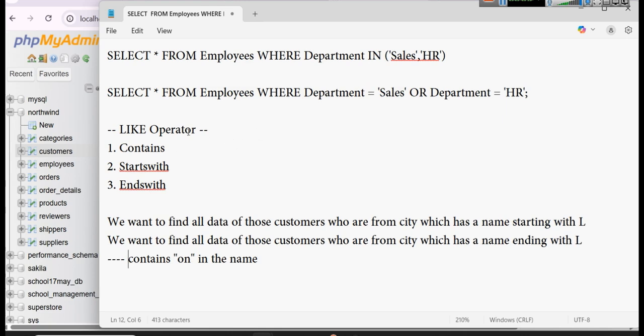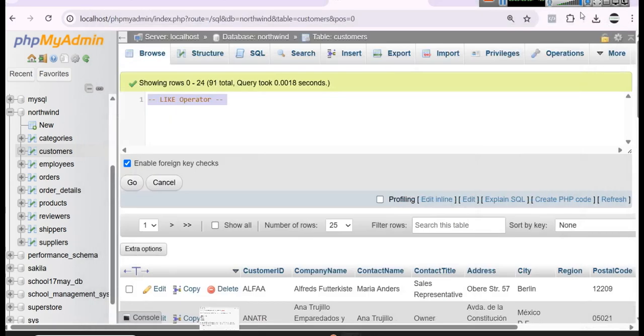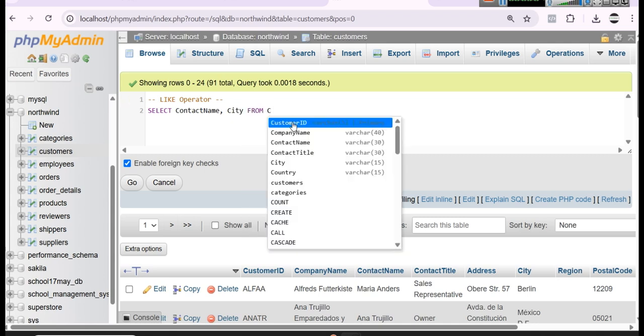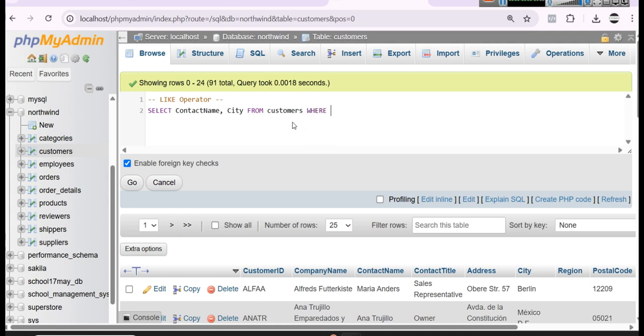So for this we use the like operator. We will write select, and I am just selecting a few records. So I am selecting contact name, comma city from customers, where city, and now usually we write equal to sign or not equal to sign or greater than.